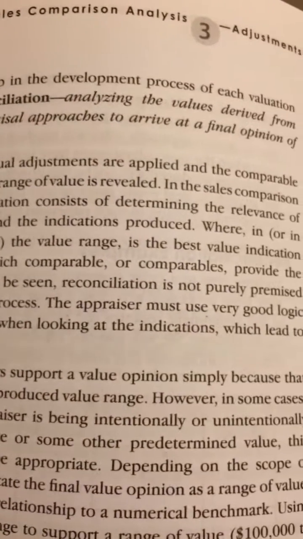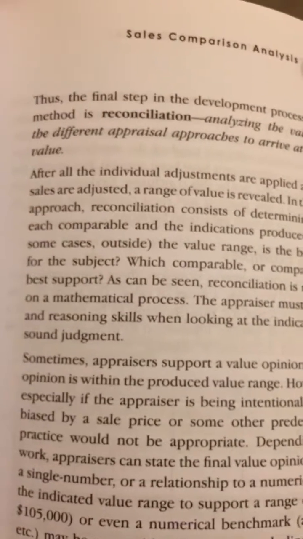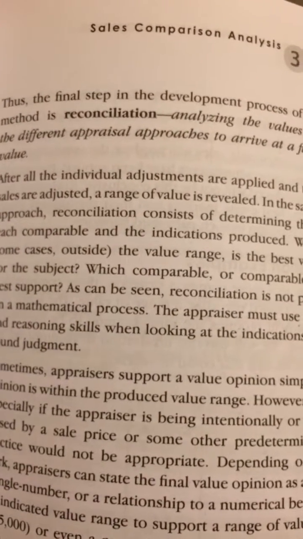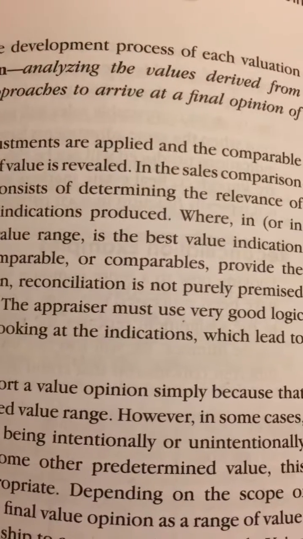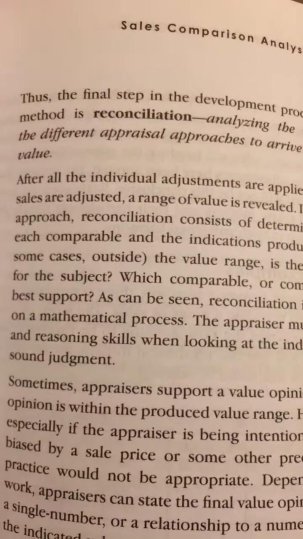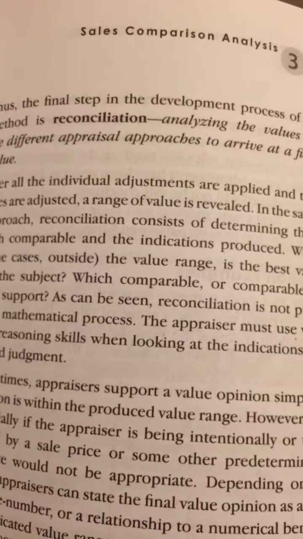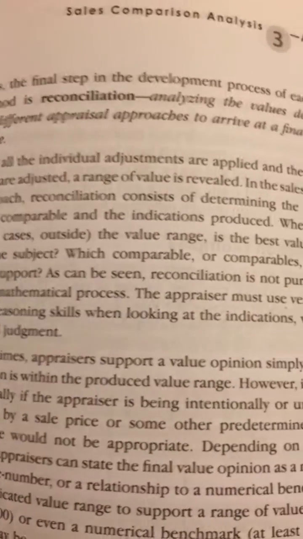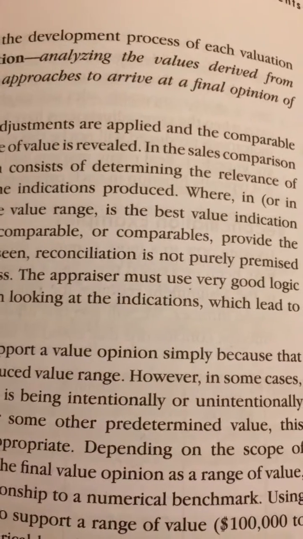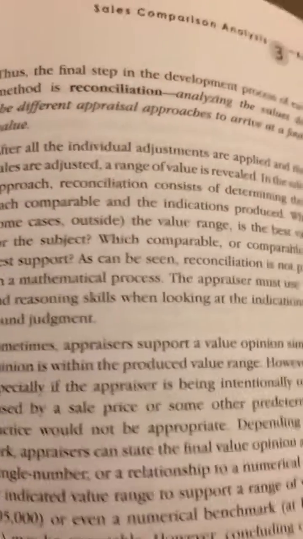Which comparable or comparables provide the best support? As can be seen, reconciliation is not purely premised on a mathematical process. The appraiser must use very good logic and reasoning skills when looking at the indications, which lead to sound judgment.